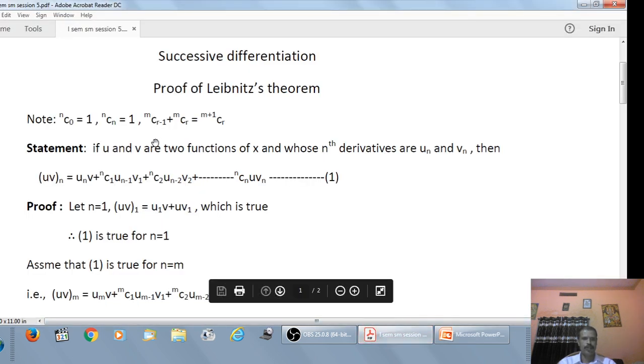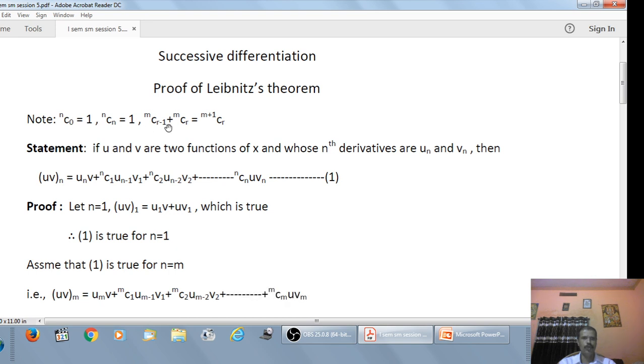Before going to this theorem, it is important to know about these points. When the subscript is 0 and the superscript and subscripts are same, then such combinations are 1.